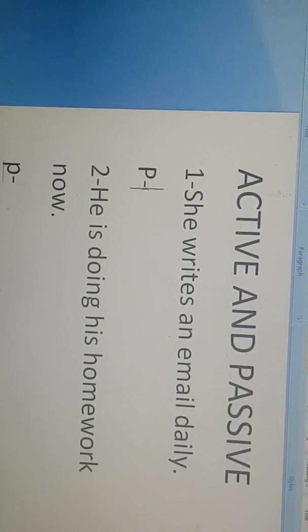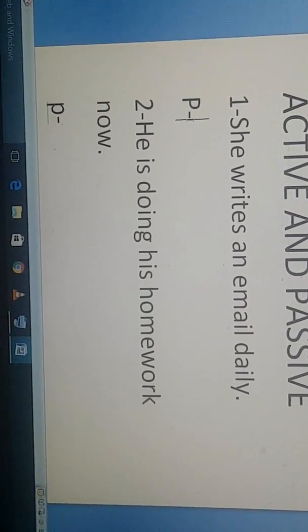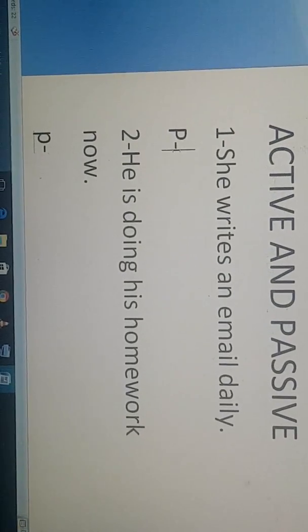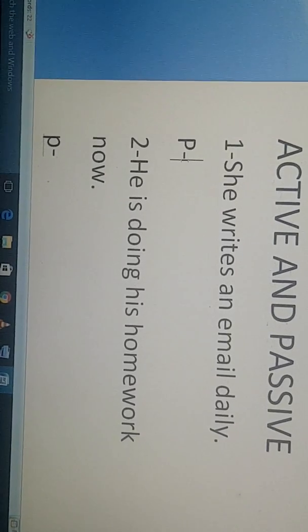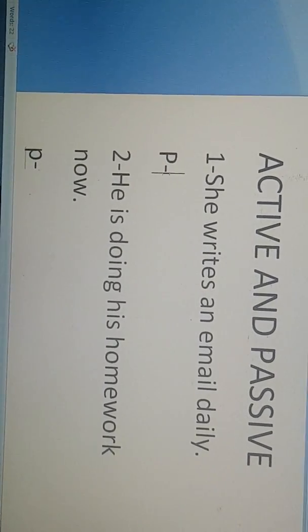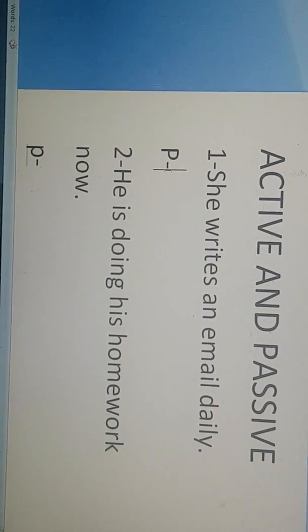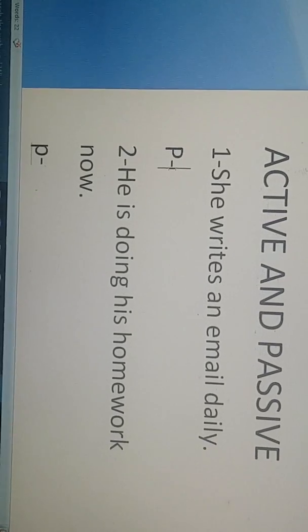But before I discuss the rules, I shall be solving these sentences, which are examples of active voice only, and I will convert them today into passive voice, keeping up different rules that are usable according to these sentences.